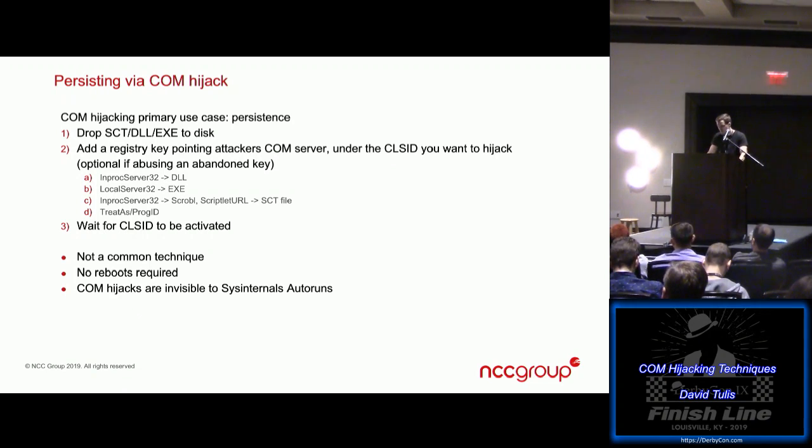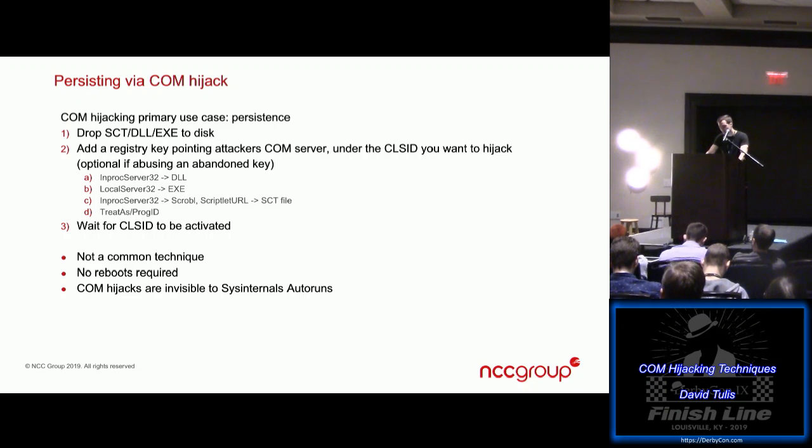The attacker's code is going to be called whenever that object is activated. So whatever type of key you hijack, whether it's on process start or maybe it's some regularly run task, you'll have your code run. This technique doesn't necessarily require any reboots or process restarts unless, of course, the object you're hijacking is only triggered on startup.